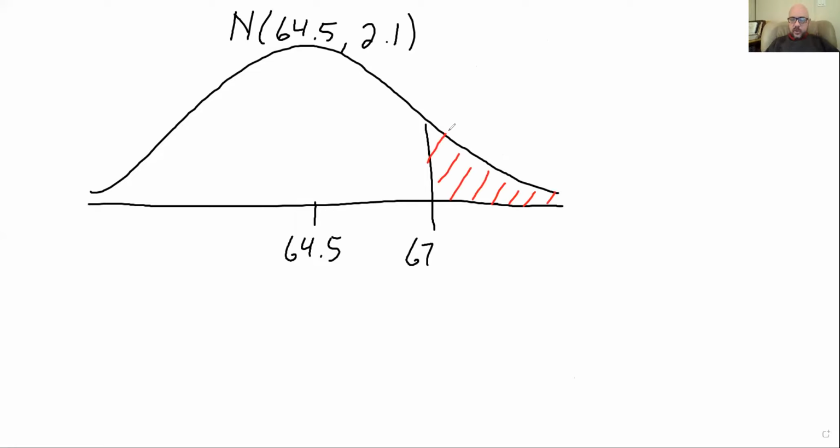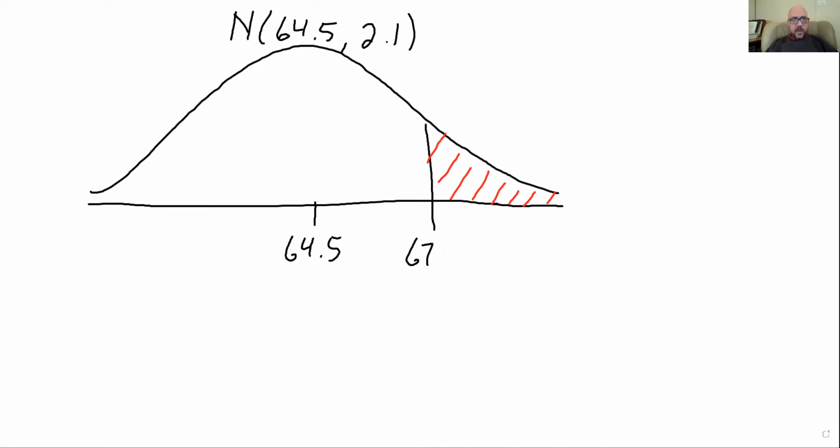And so what you're going to do in your calculator is essentially tell your calculator to find this area. And the way you describe this area is you tell your calculator what are the left and right sides of the area, and then what is the mean and standard deviation of the normal distribution it should look at. And that's it.